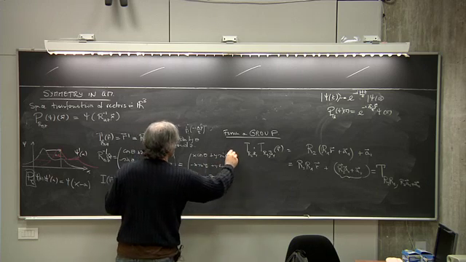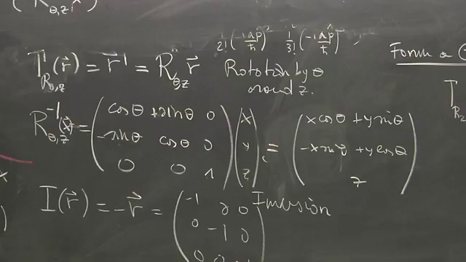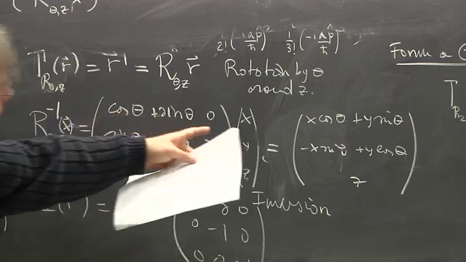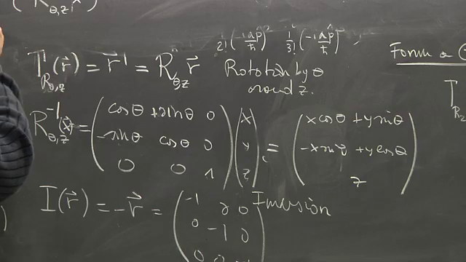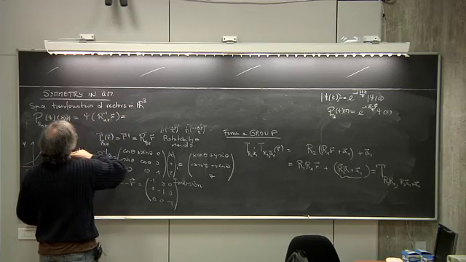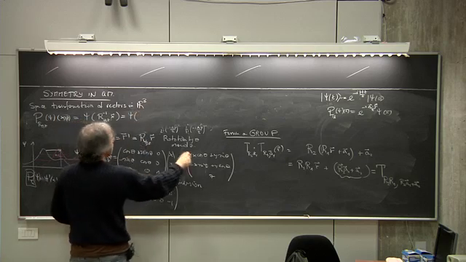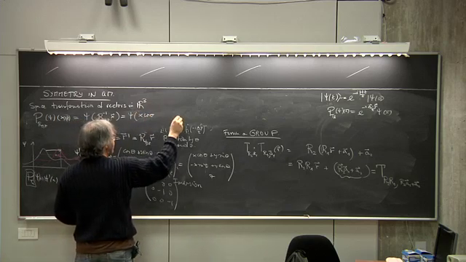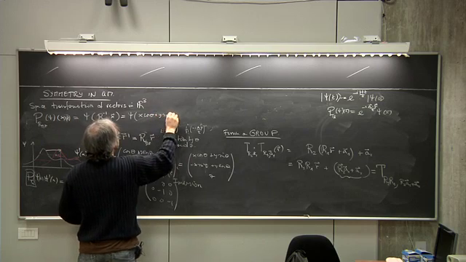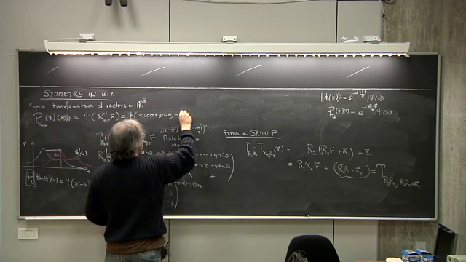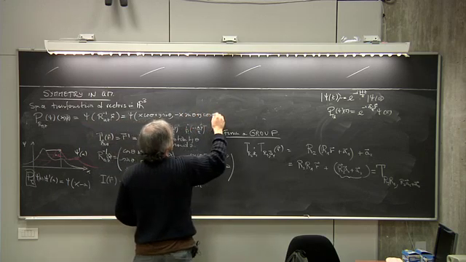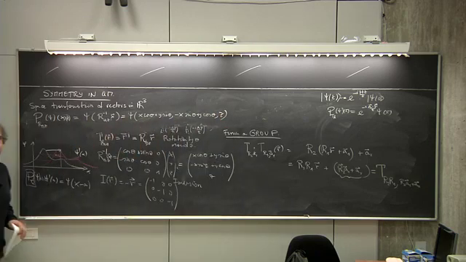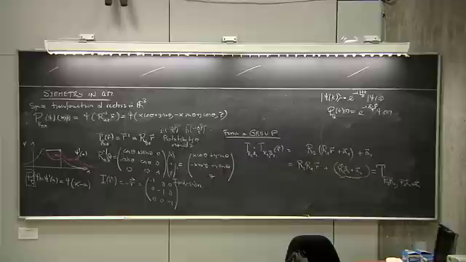And the third component is untouched, it's z. So these are the new 3 variables. I should think of this as a function of x, y, and z. And this is telling me that this function is equal to psi of x cos theta plus y sine theta, second, minus x sine theta plus y cos theta, and z. In full detail. Clear?